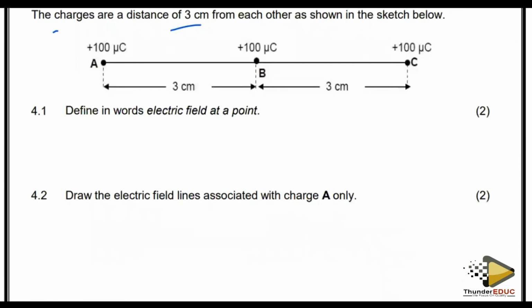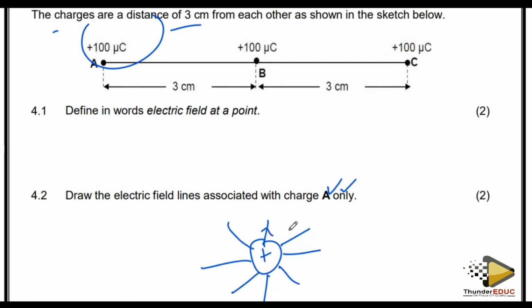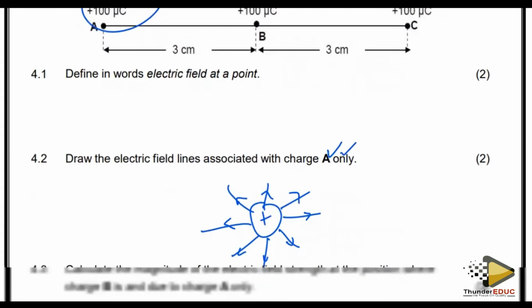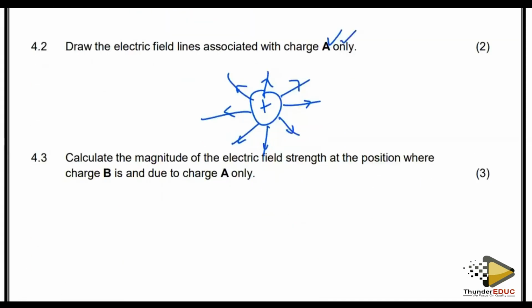No. It's the force per unit positive charge that is placed at that point. Point 1 answered. Then they want us to draw electric field lines associated with A only. Since it's a positively charged sphere or object, the field lines should be seen moving out. So direction, straight lines, getting lines.